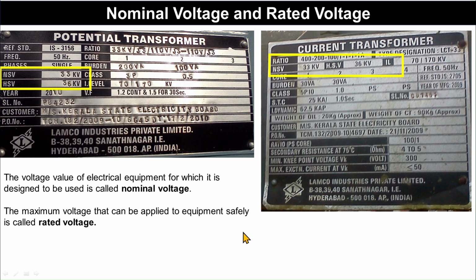Nominal voltage is defined as the voltage value of electrical equipment for which it is designed to be used. That means nominal voltage means the voltage level up to which the equipment can be used. The rated voltage is defined as the maximum voltage that can be applied to equipment safely.